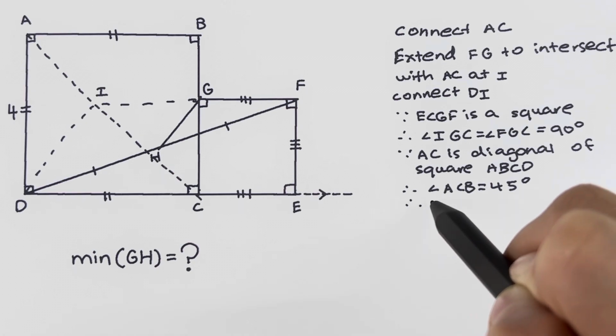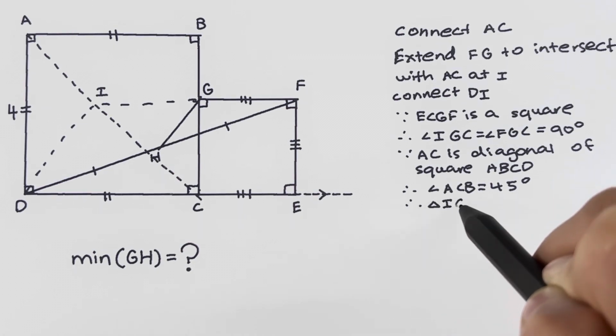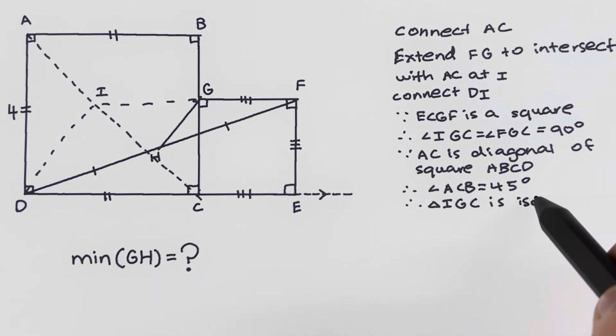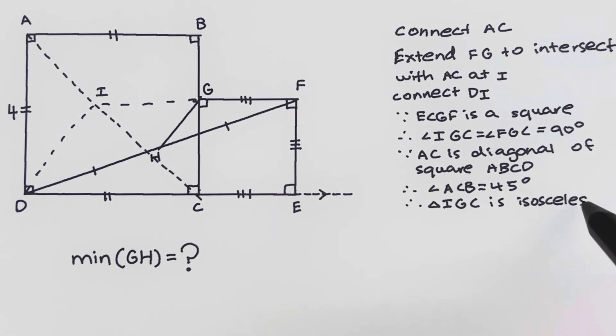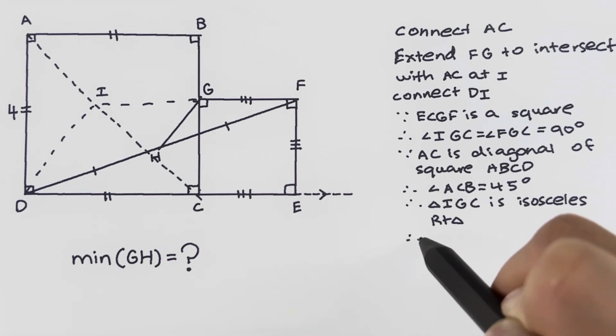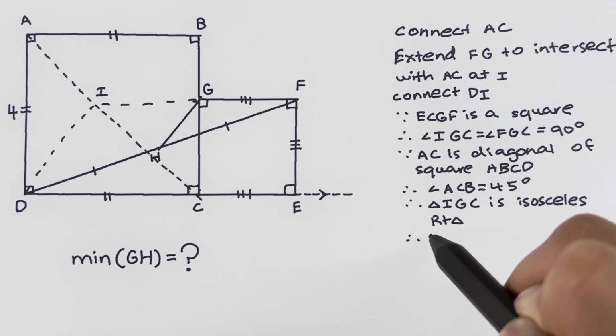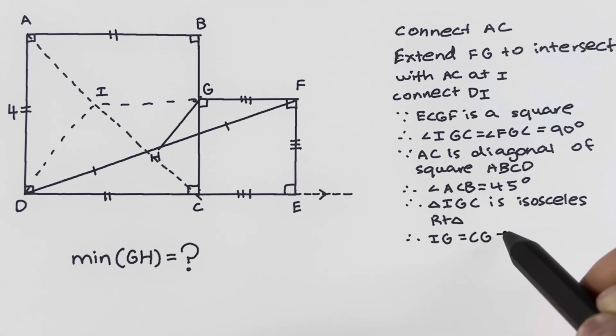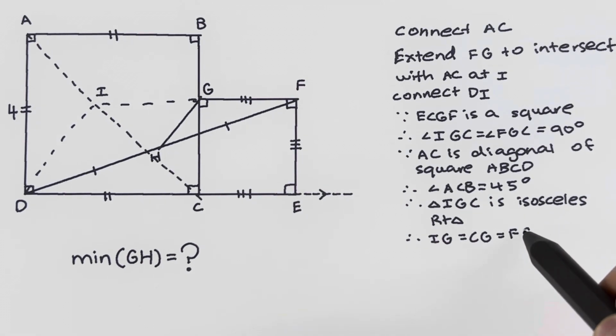This will mean that triangle IGC is an isosceles right triangle. It will give us IG equals to CG equals to FG, because it's a square, ECGF.